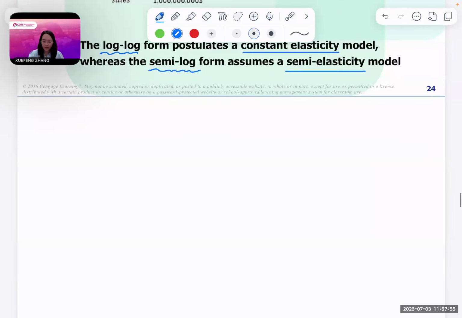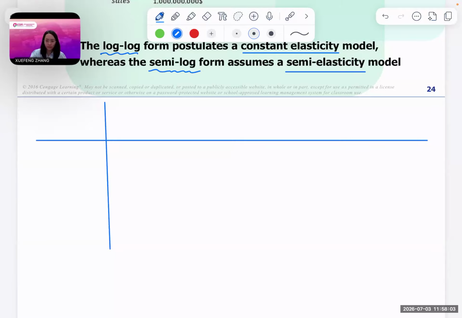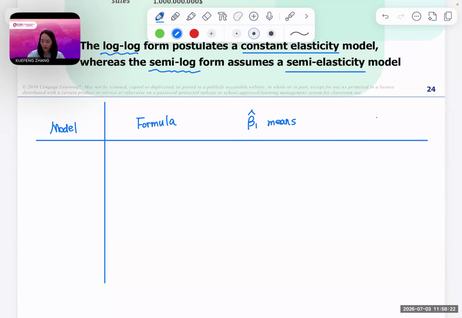Let me summarize. We have three forms, right? Three different models, and we have the formula. And what does beta 1 hat mean? And how do we call it?